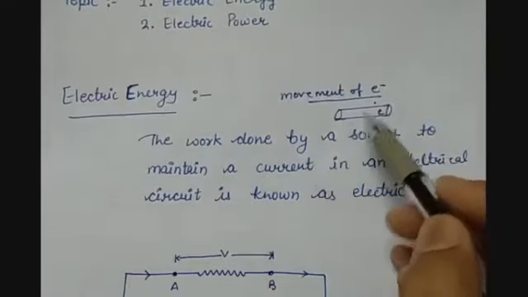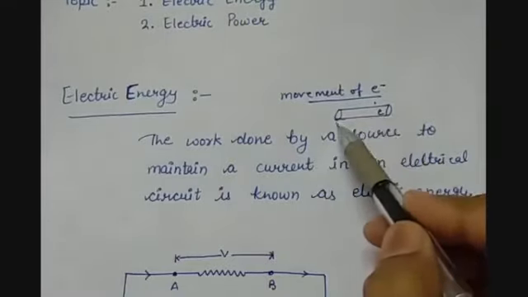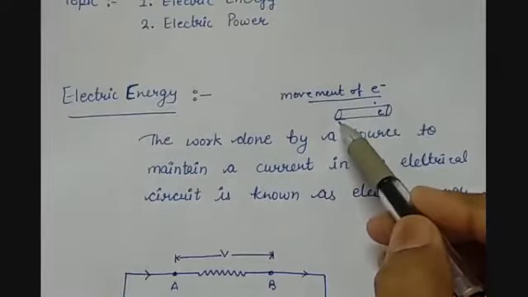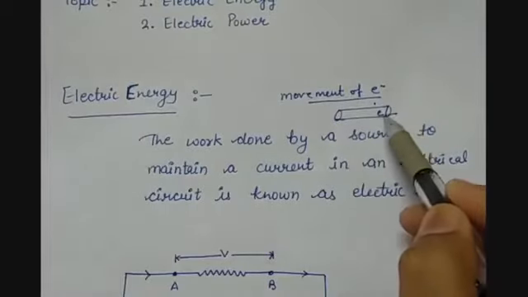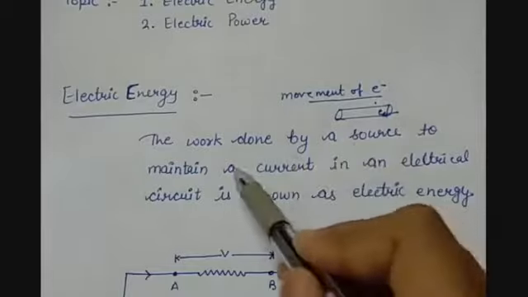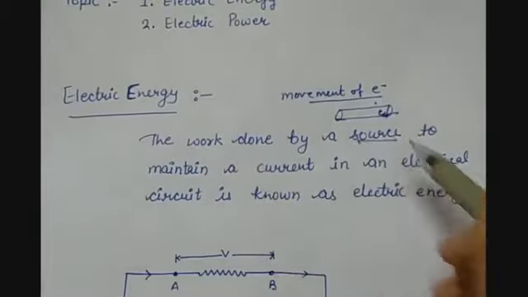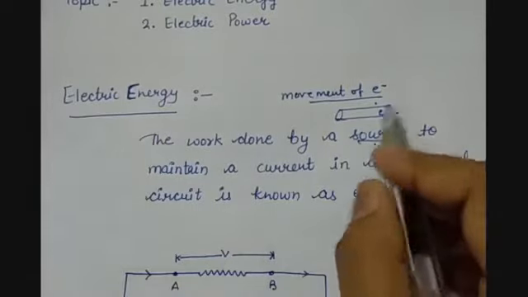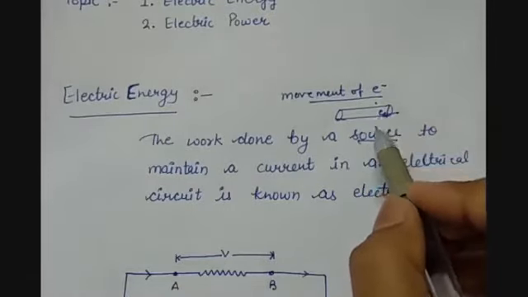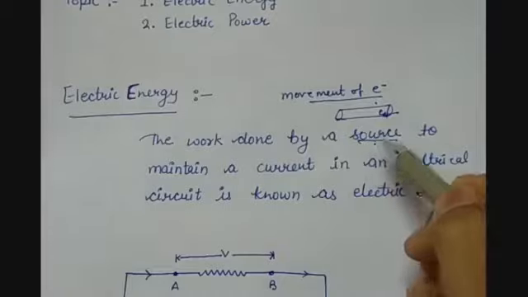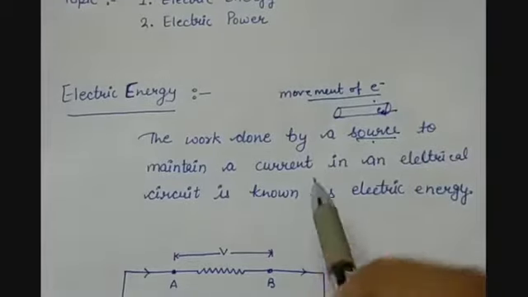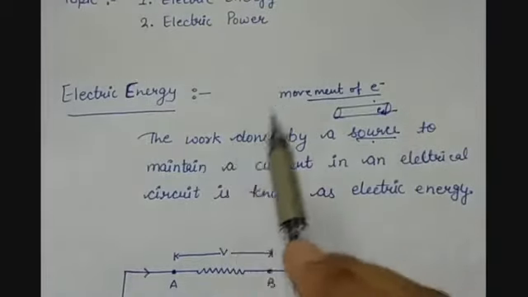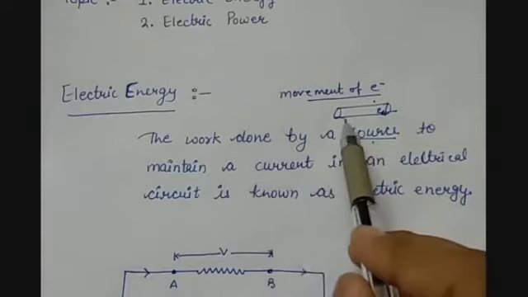If they do not move, then current will not flow in the conductor. So to move these electrons, we need a source of energy, and that is potential difference.